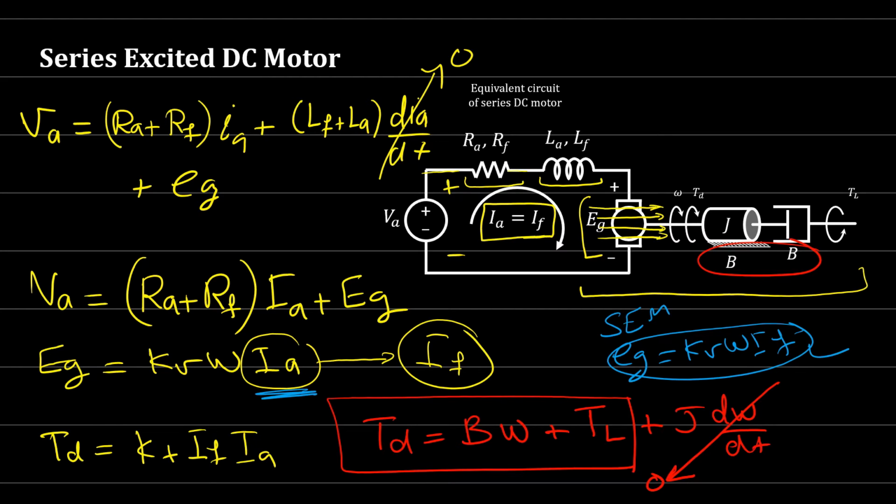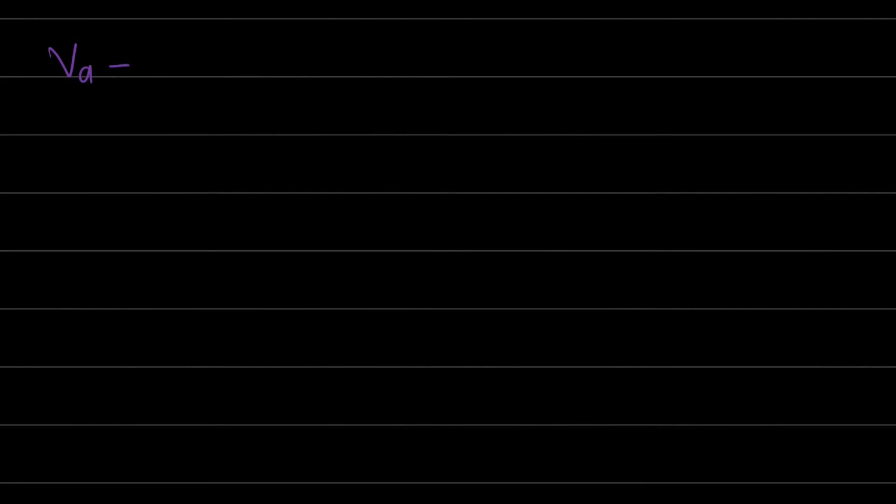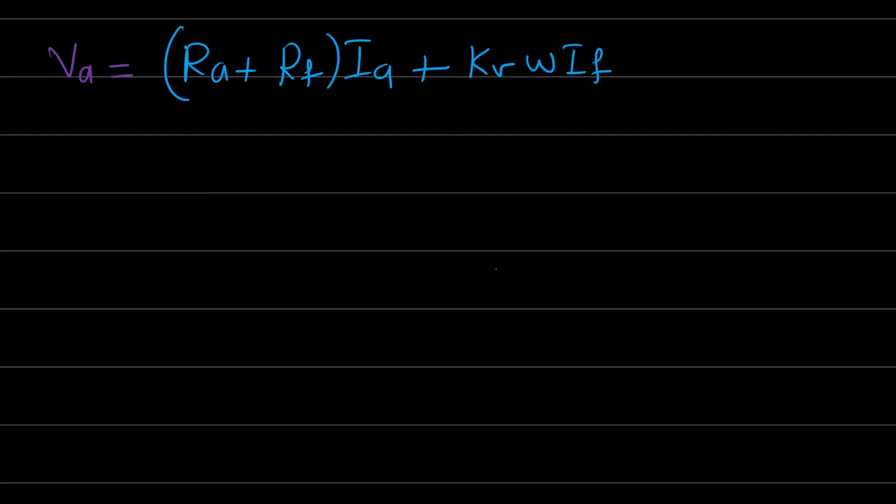Now let's go for VA. Come back to VA here and substitute EG in this equation, and see how we can obtain the speed omega. VA is equal to RA plus RF times IA plus EG, which is KV omega IF, right?